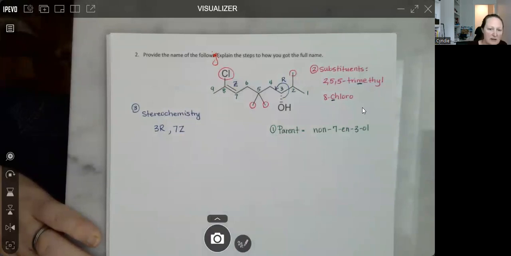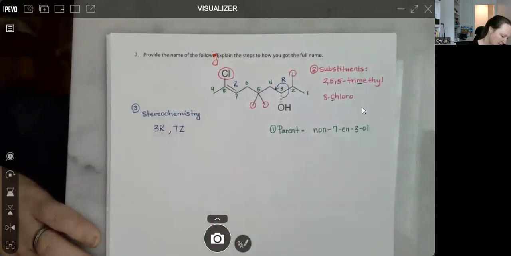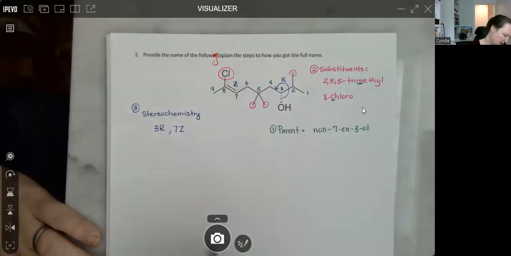So putting this all together, and again, if we want, we can just leave off the 3 and 7 because we could still figure it out since there's only one alkene and one alcohol, or one chiral carbon. So we could do, right? Oh, I wanted to do this in red.